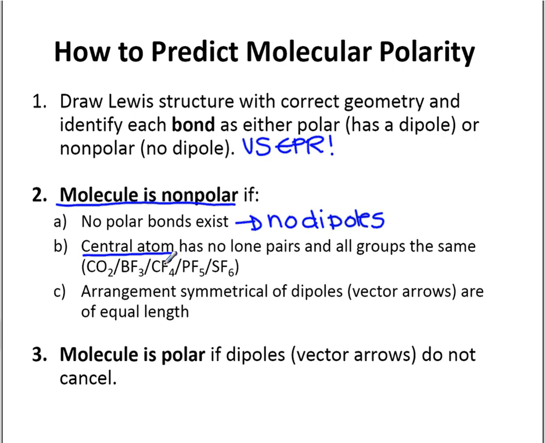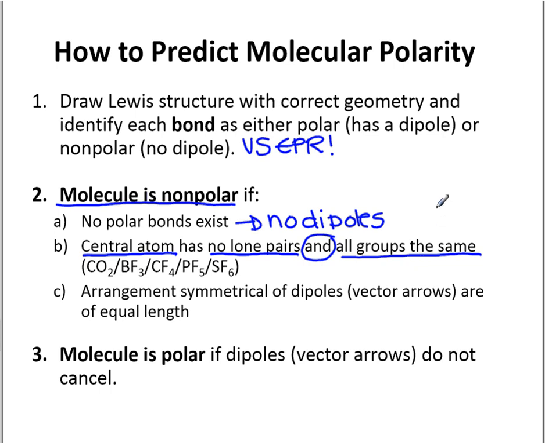If that central atom has no lone pairs, no dots on it at all, and all of the groups are the same around it, so all of the atoms joined to the center are identical, that means the molecule is symmetrical and the molecule will be nonpolar. All of the dipoles will cancel out. And we'll go through how that works in a minute.